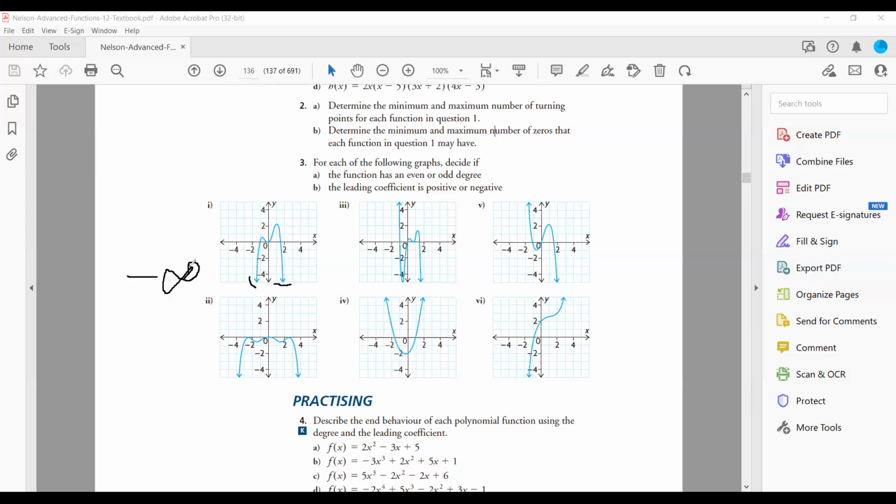So it means that this is going to be an even degree function. Am I right? Furthermore, the leading coefficient is positive or negative. I know that if for even degree function I have end behavior negative infinity, it means that my leading coefficient should be negative. So my answer is my leading coefficient is negative. Did you get it?